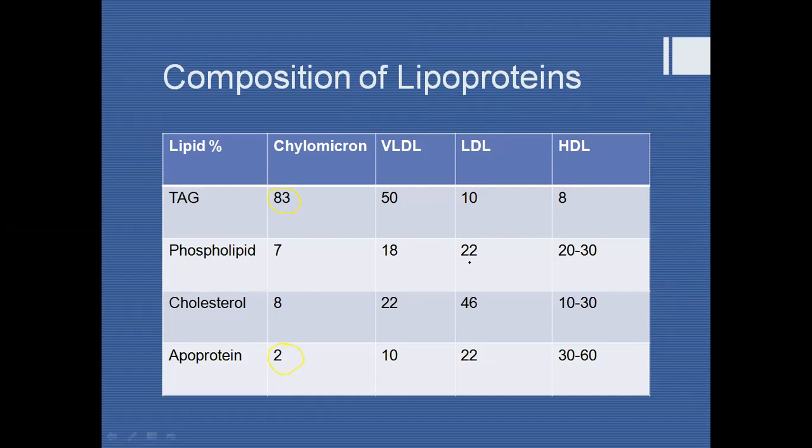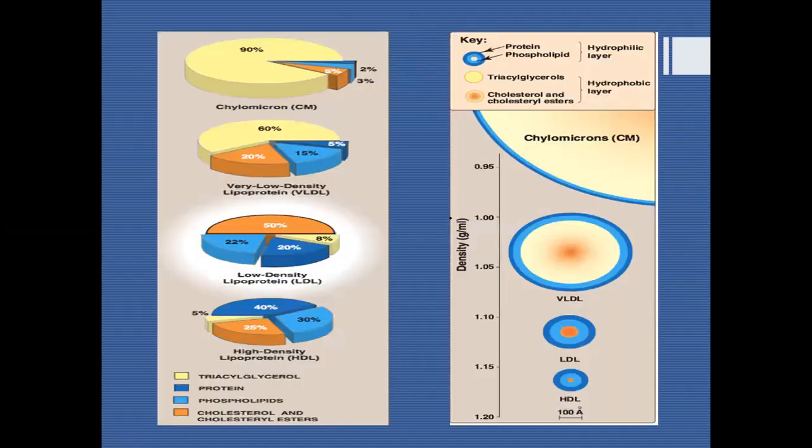Similarly, in LDL, you have to show the maximum content of cholesterol. In HDL, the maximum content will be protein. So even if you don't remember the exact numbers, the ratio of triacylglycerol should be maximum in chylomicron, cholesterol maximum in LDL, and protein maximum in HDL. That basic thing you have to remember.